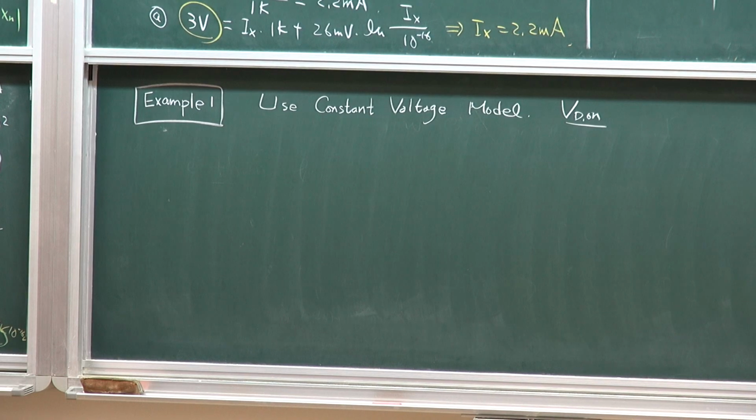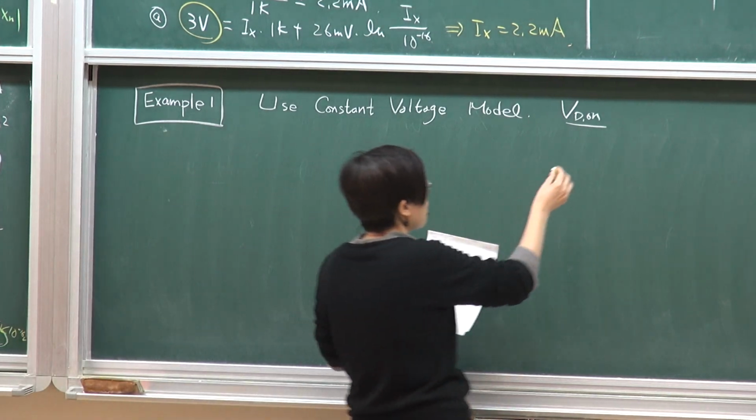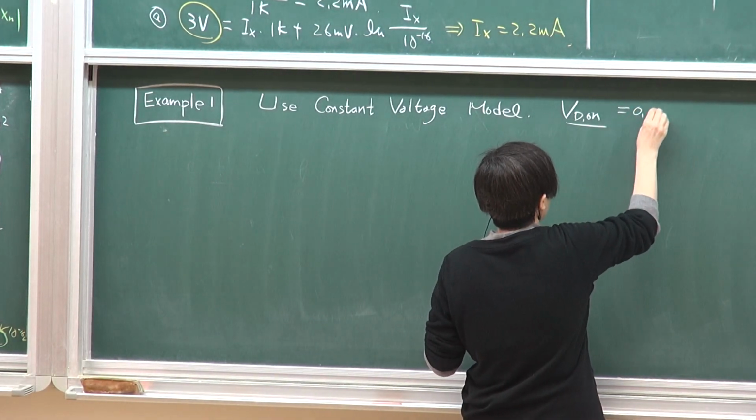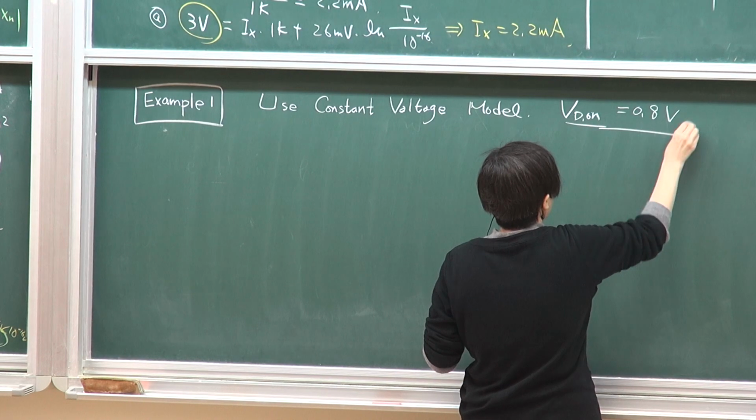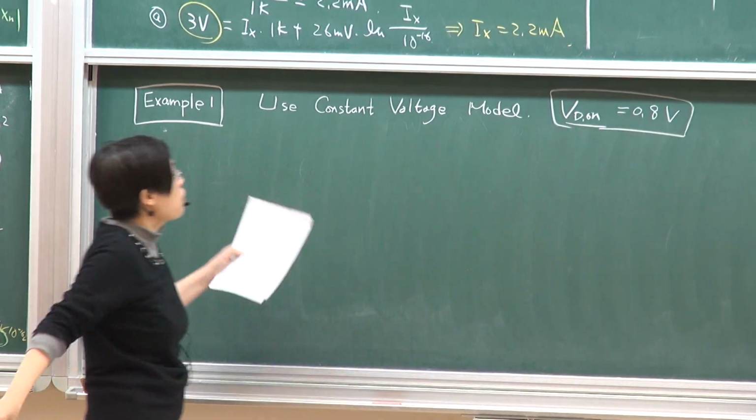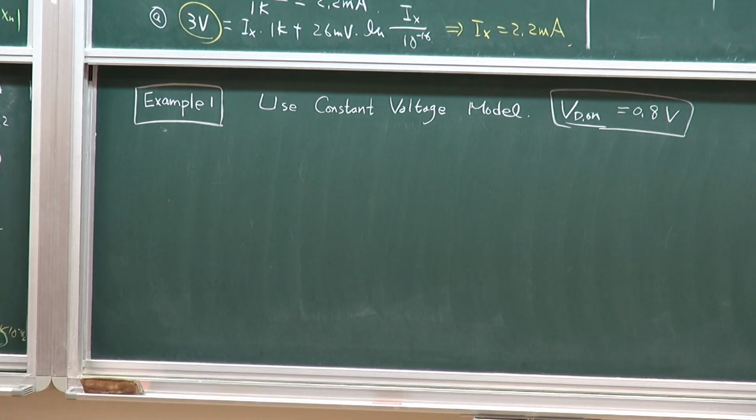If we're operating in this range of current, it's typically in the range of 0.6 to 0.8. We're going to use 0.8 for the following analysis, so this will work for all the examples.